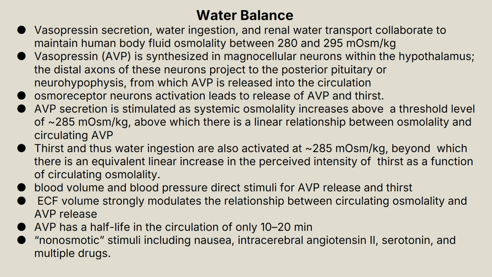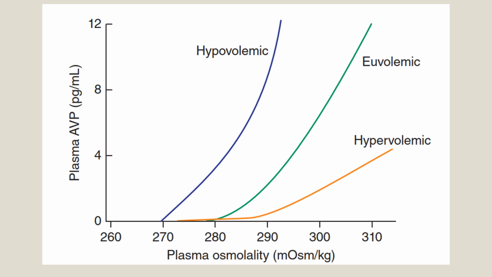Non-osmotic stimuli, including nausea, intracerebral angiotensin 2, serotonin, and multiple drugs, also affect either the response or the release of AVP and thirst mechanism. In this diagram, we see the ECF volume as a modulator of the linear relationship between plasma osmolality and plasma AVP secretion.